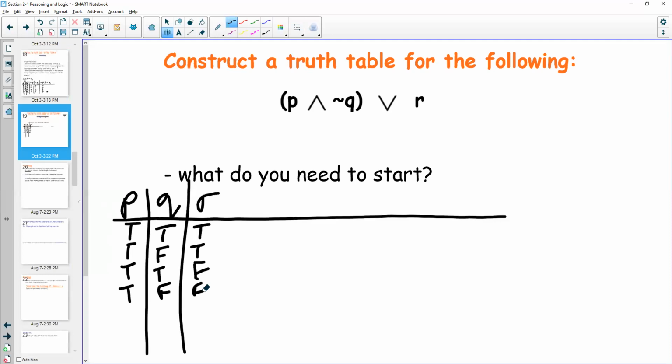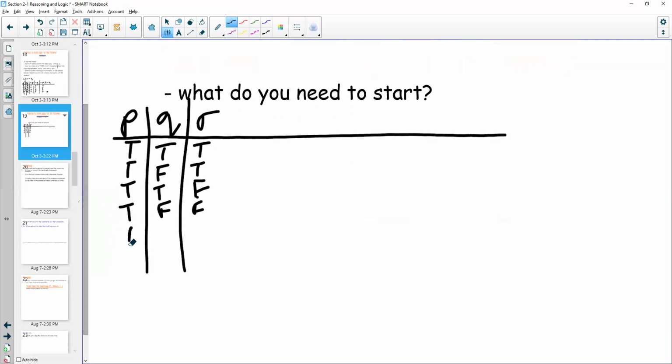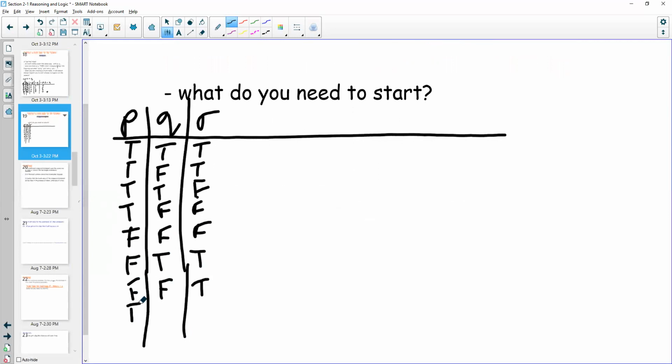You see where this is going, don't you? They could be false, true, true, or false, false and true, or false, true, and false, and false, false, and false. So I have P, Q, and R.